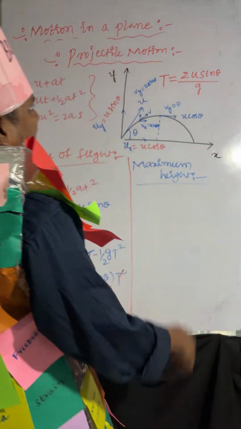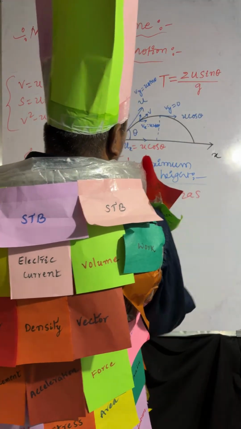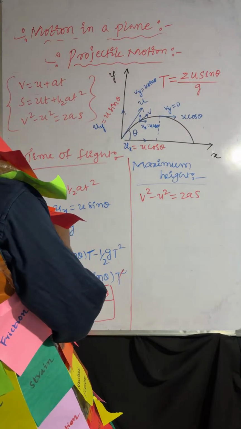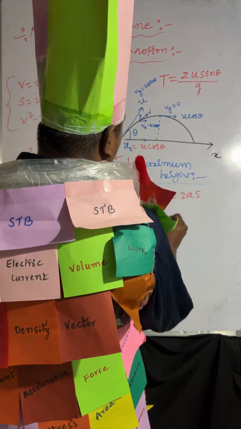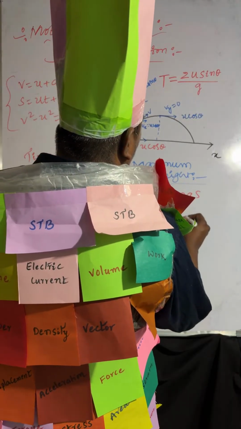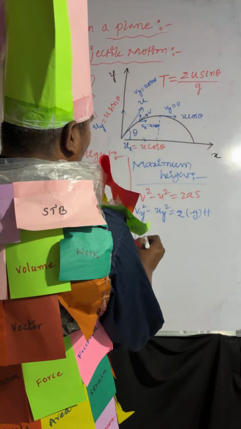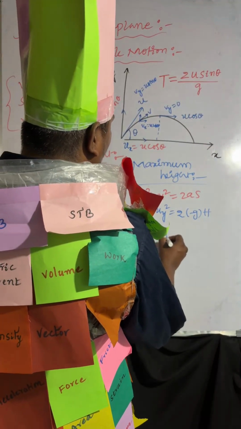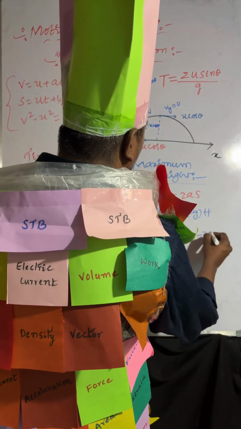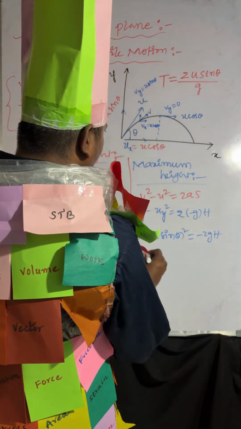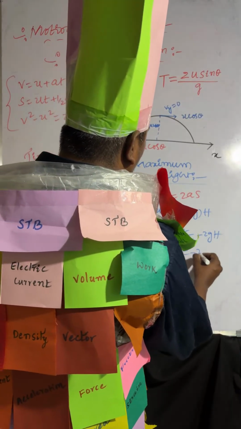Okay, so now maximum height. v square minus u square equal to 2as. Now you can see vertical height. So vy square minus uy square equal to 2 into minus g into H. Here vy is 0, since it reached the maximum height. So 0 minus u sin theta whole square equal to minus 2gH, so minus u square sin square theta equal to minus 2gH.